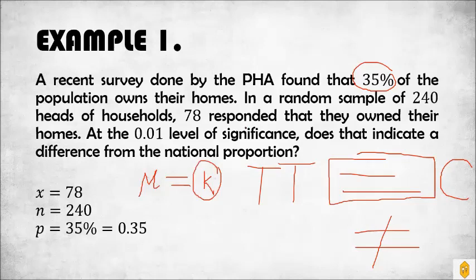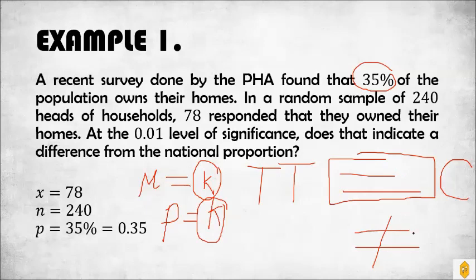And then, since proportion ang ating topic, therefore, whatever the value of the proportion, the population proportion, that is also the value of A. Kasi ang goal naman natin dito is malaman kung may difference or wala. That's why we are going to compare the population proportion and yung ating K. Yung K, ito po yung kine-claim natin. Okay, so please be reminded that the null hypothesis is our claim.